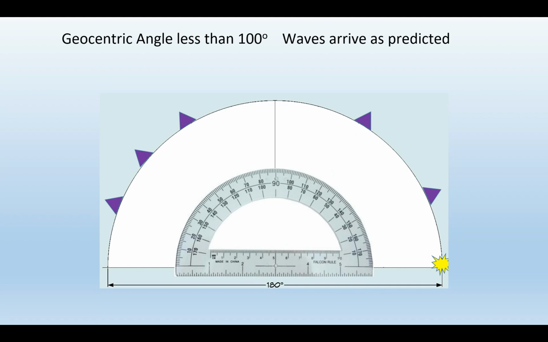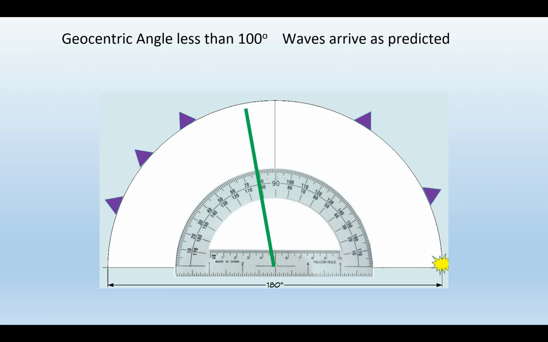Now, according to our data, any station that had a geocentric angle that was less than about 100 degrees from the earthquake showed an actual arrival time that was the same as the predicted. So anything up to this point right here on that green line is about 100 degrees.